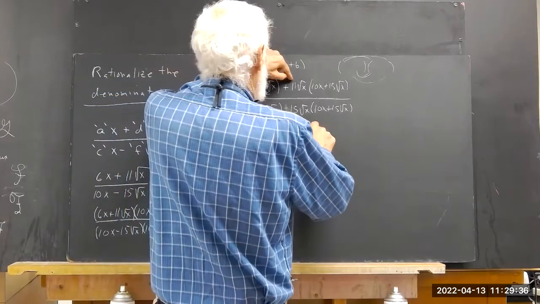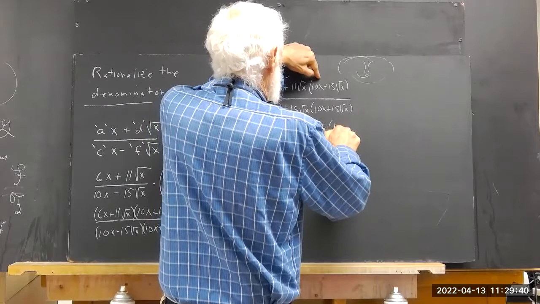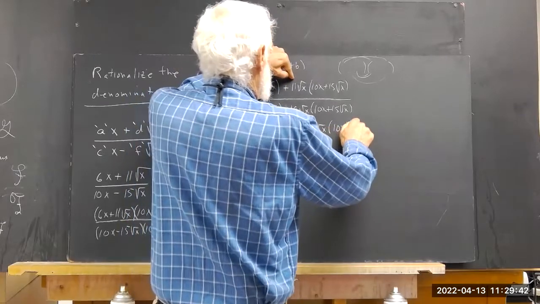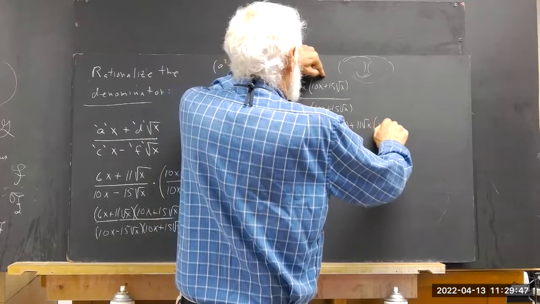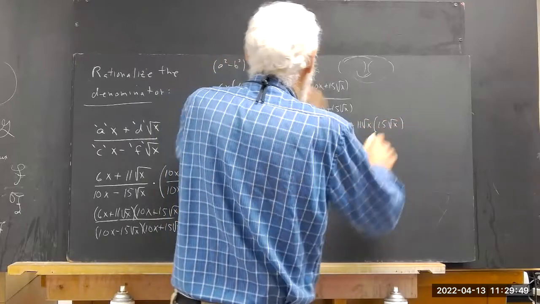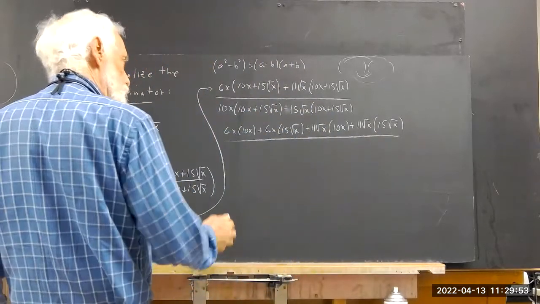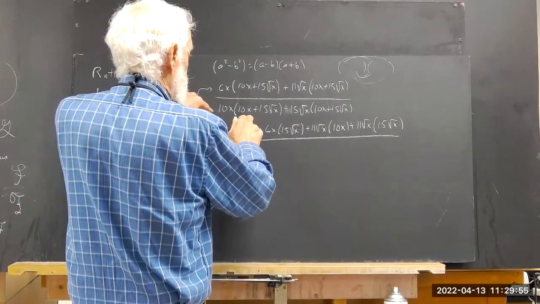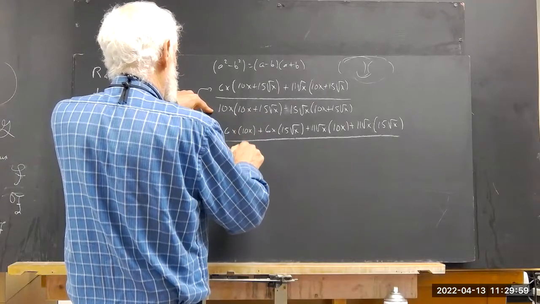And then here it's 11 square root of x times your 10x plus 11 square root of x times 15 square root of x. Divide that by 10x times 10x plus 10x times 15 square root of x.